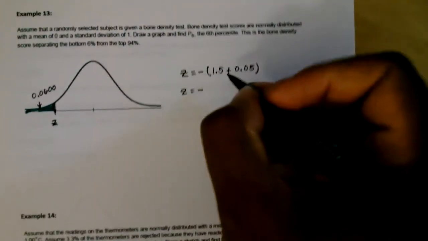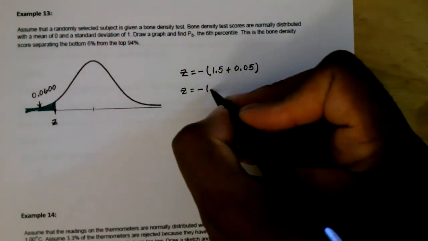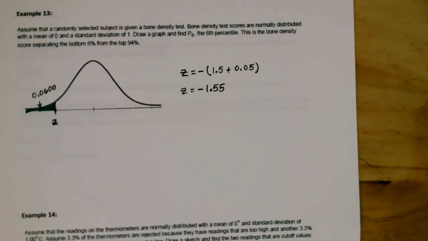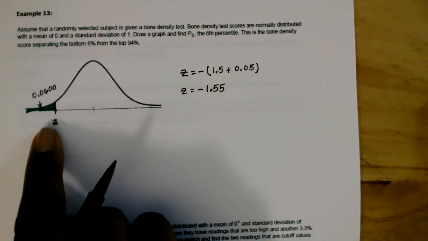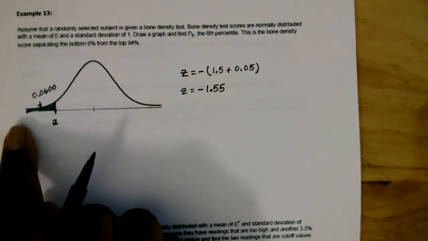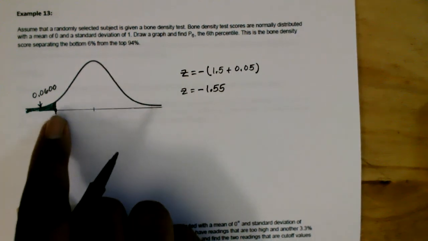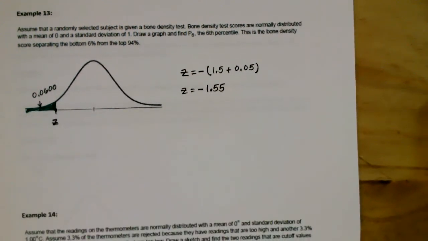That would give us a negative. Add these two together, you'll get 1.55. So here, negative 1.55 is the z-value that separates the bottom 6% from the top 94%. Or we can say negative 1.55 represents the bone density score for the 6th percentile.